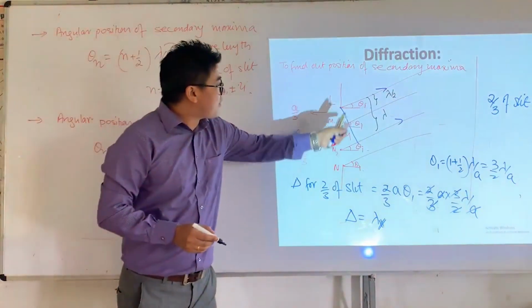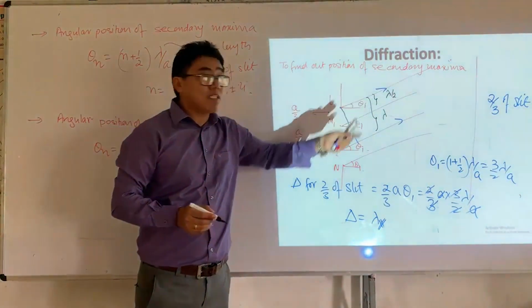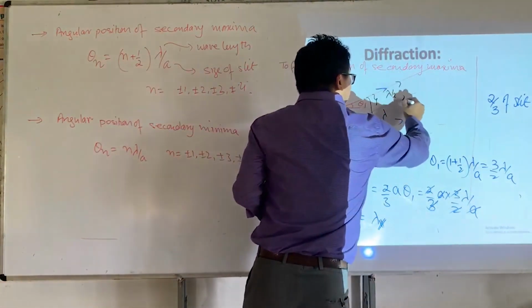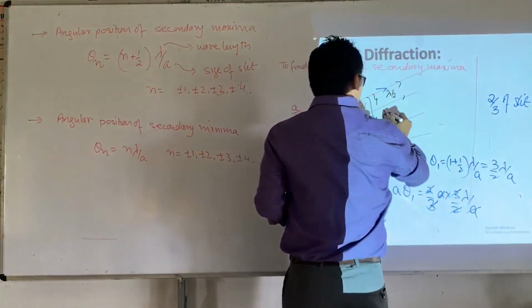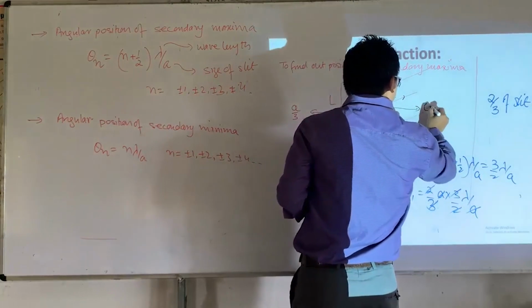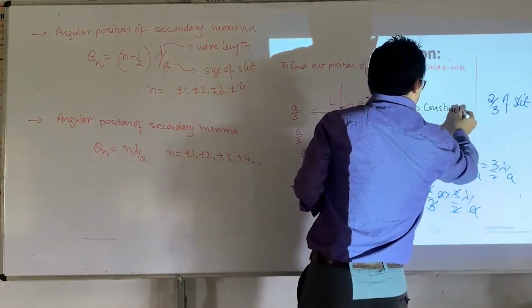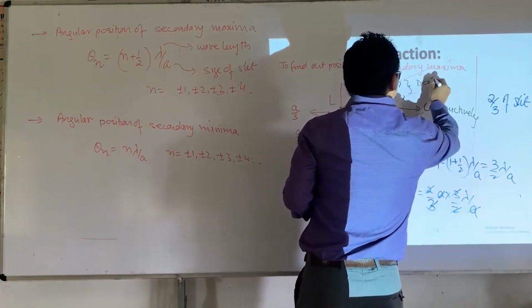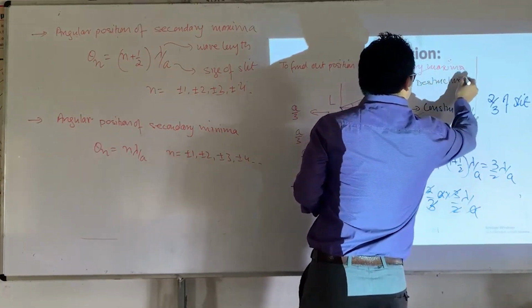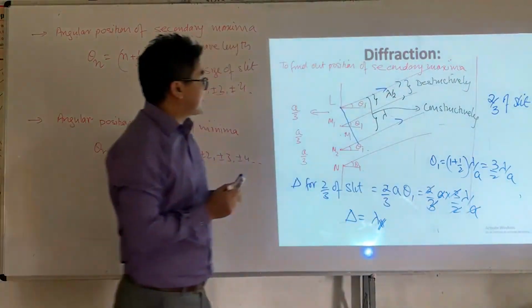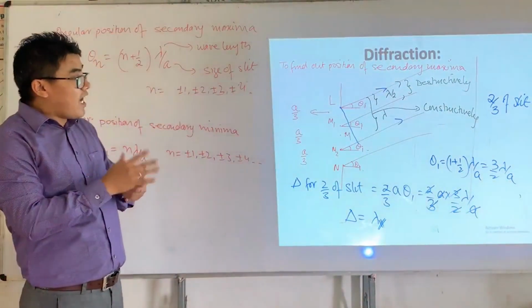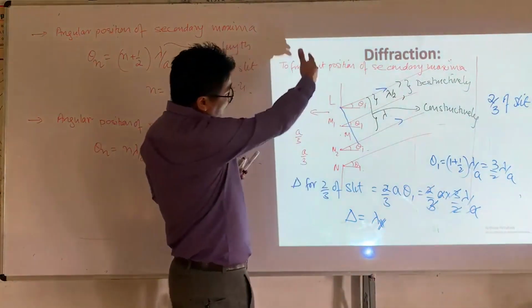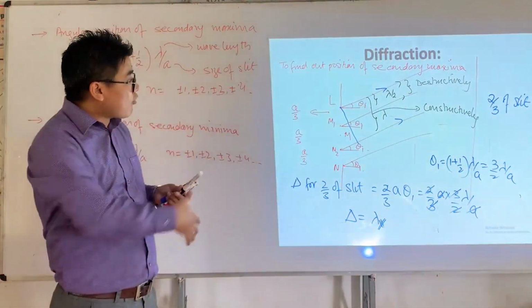If these two have path difference lambda, then the other two must have path difference lambda by 2. Therefore, these two interfere constructively, and these two destructively.